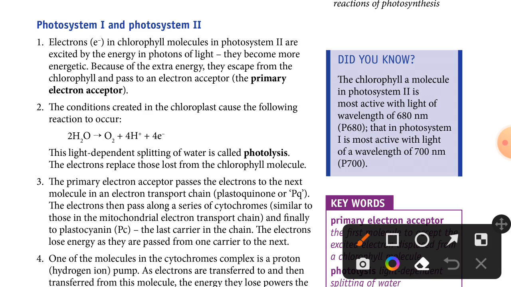Chlorophyll keessa ba'anii. The second conditions created in the chloroplast cause the following reaction to occur. Conditioniin amma jenne kun immoo sababa energy itti baay'atee fi kan inni chlorophyll keessaa ba'ee primary electron acceptor itti darbu kan armaan gadii reactioniin kun akka inni nu raawwatuuf gargaaraa jechuudha.